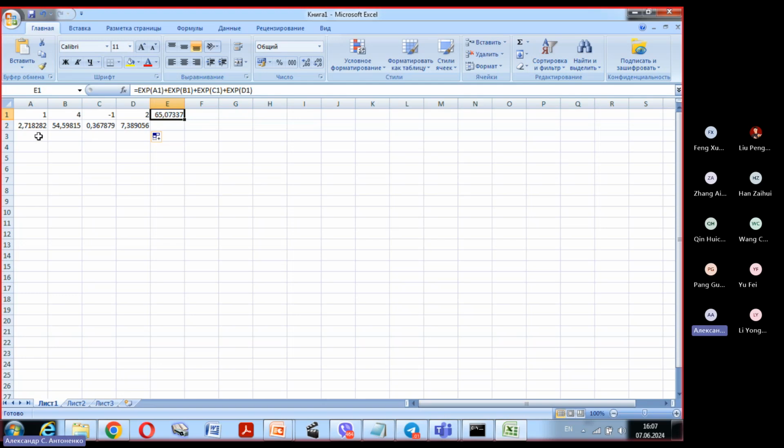So when we divide, we obtain a number from 0 to 1.